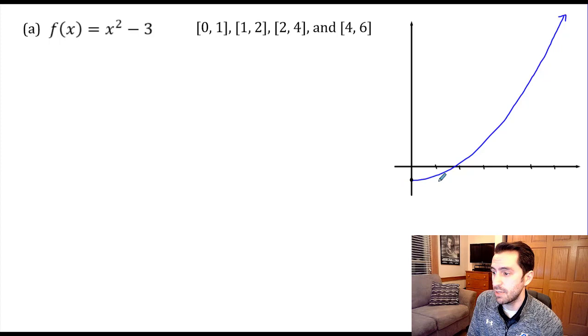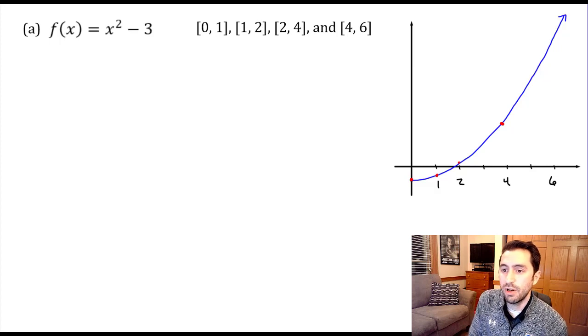For the first part of this question, we are going to be using the left endpoint of each interval. So in the first interval from 0 to 1, we want to use the point at 0. For the second interval, we're going to use the point at 1. In the third interval, we're going to use the point at 2. And then for the last one, we're going to use the point at 4.